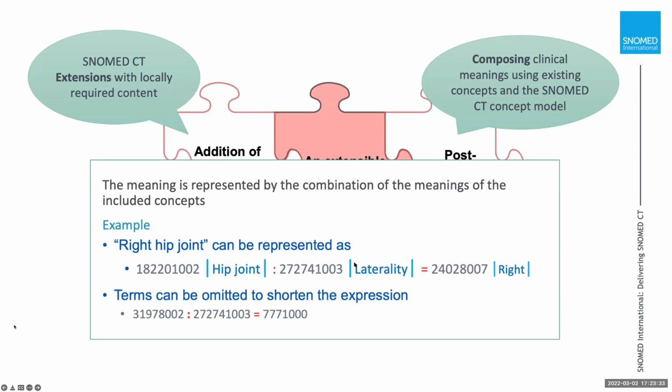So with this composition here, we are expressing the meaning of the right hip joint, because we have a hip joint with laterality of right. And these terms here can be omitted so that we can express it very briefly. And computers would then be able to interpret what the meaning entailed by this expression would be.